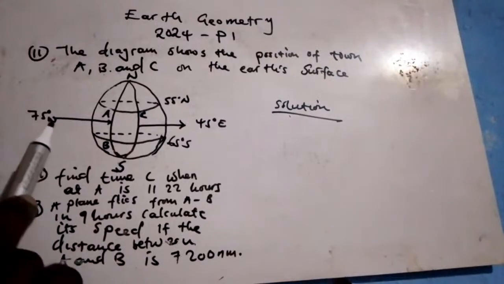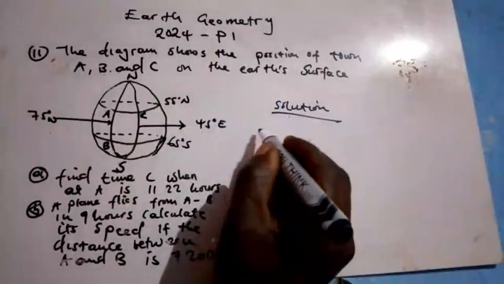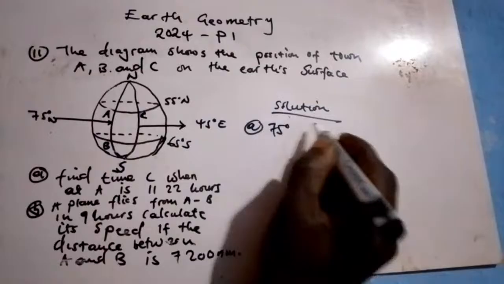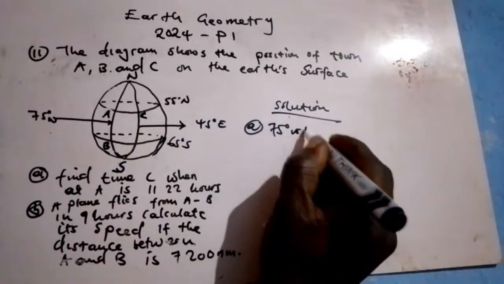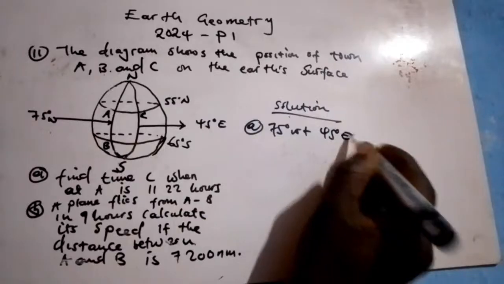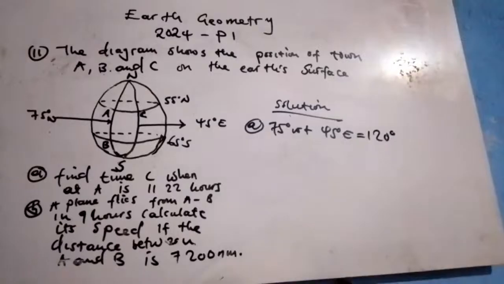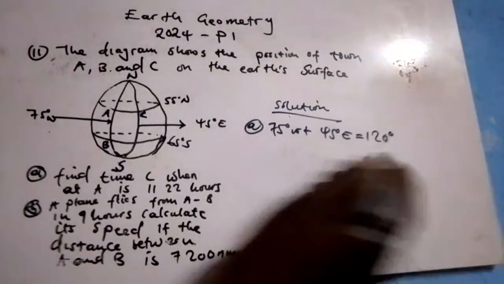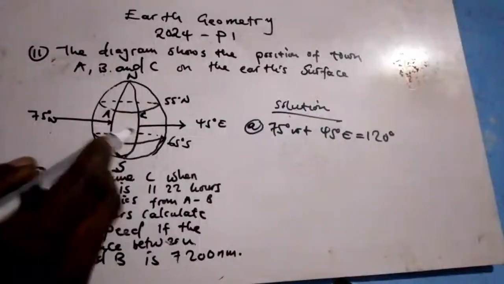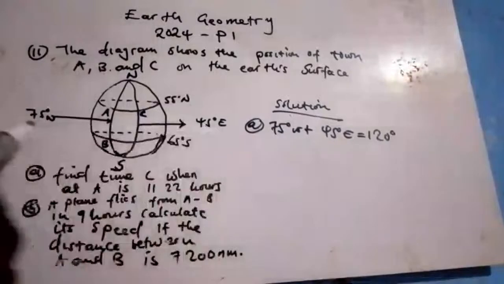Now let's find the difference in degrees, which is here. So this is A. You must add 75° west plus 45° east, which is equal to 120°. So this is the degree difference for the two longitudes, 75 west and 45 east.